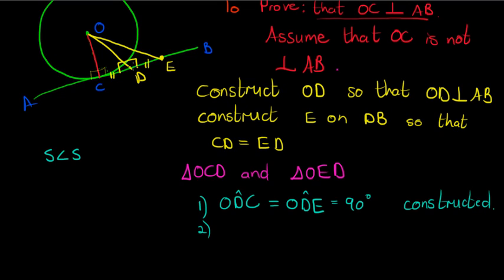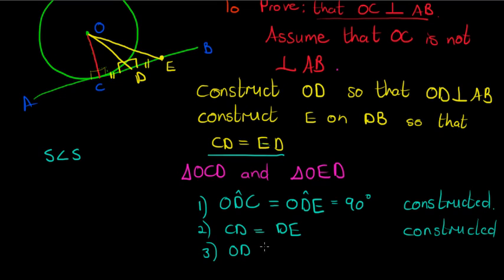Okay, because I know CD, I know these two, and I know that one. So I know the side and the interior angle. Now my other side is that CD is equal to DE, and again it's true because I constructed it. And then thirdly, OD is equal to OD, that's a common side.